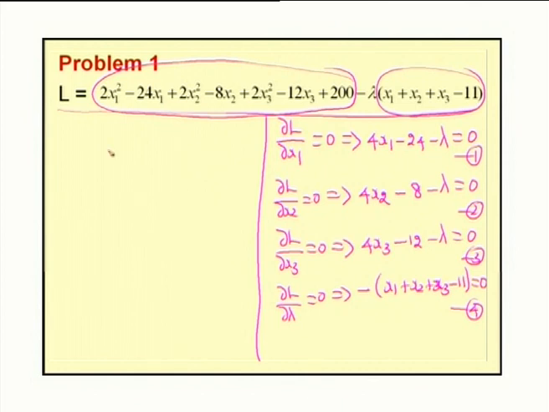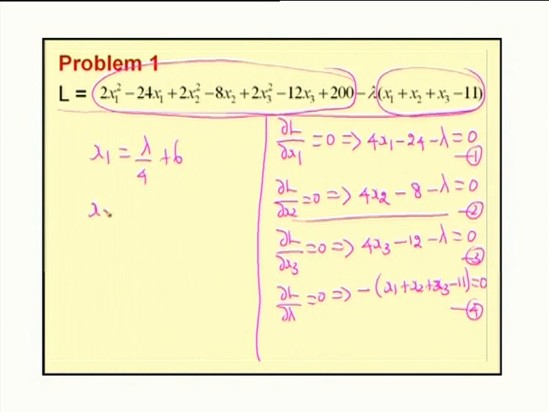Now, equation 1 gives us the x1 value equal to lambda by 4 plus 6. From equation 1, 4x1 equals lambda plus 24, which gives us x1 equals lambda by 4 plus 6. And from equation 2, that is dou L by dou x2 equal to 0, we got the equation 4x2 minus 8 minus lambda equal to 0.